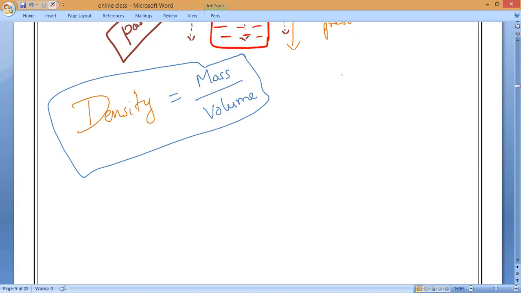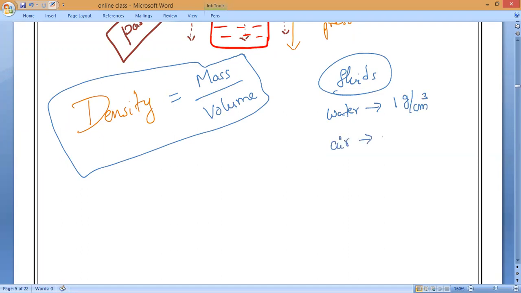Now I will give you two fluids. Let us take water, whose density is 1 gram per cubic centimeter, and another one, air, whose density is 0.29 gram per cubic centimeter.